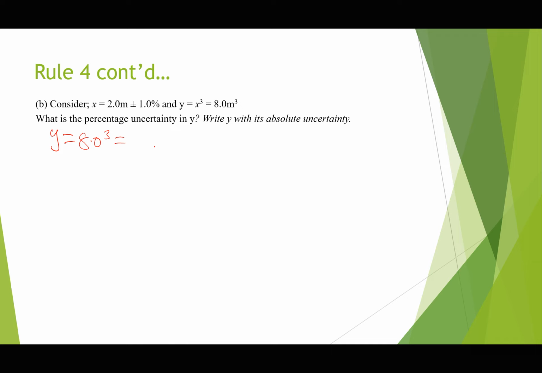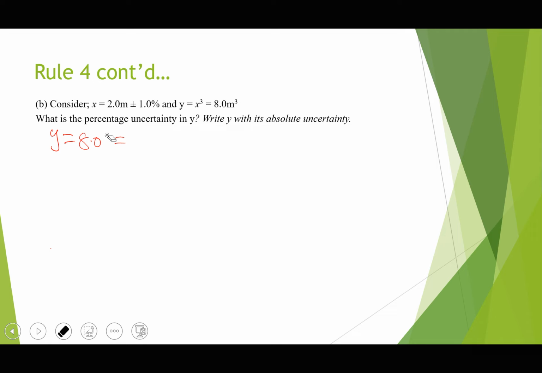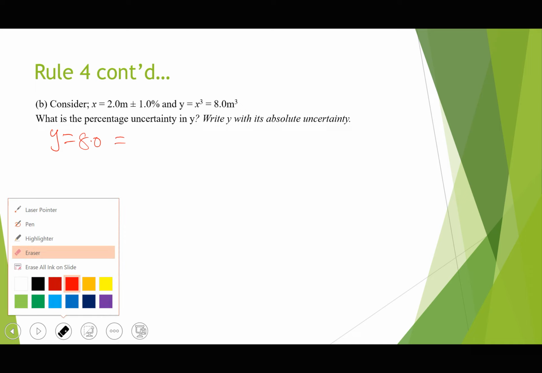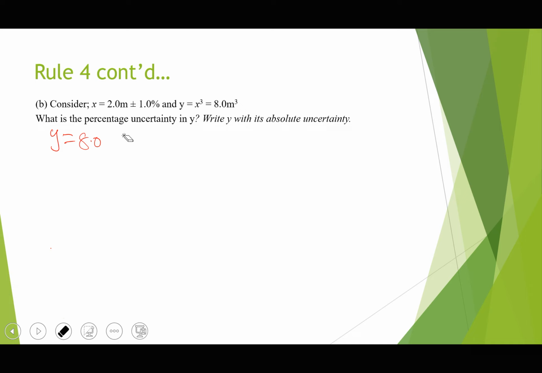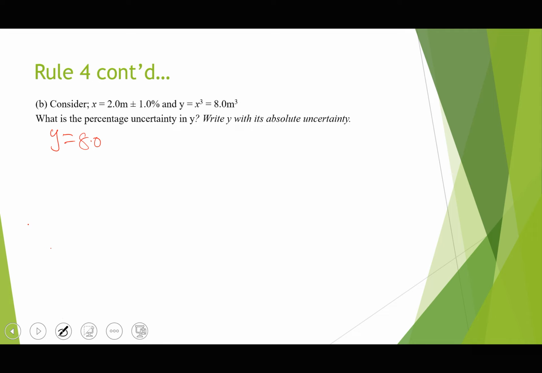Actually, y has already been determined as 8.0, because x is 2.0 meters cubed. So y is already determined as 8.0 meters cubed.